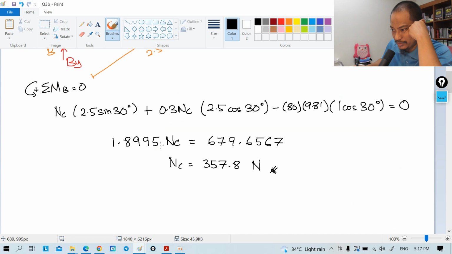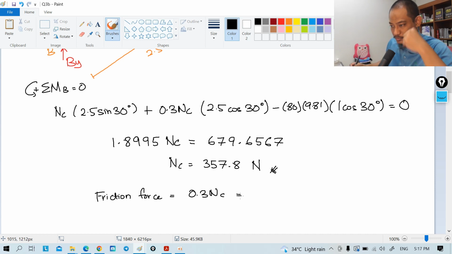So let's calculate the friction force. It is 0.3 NC, so we have 357.8 times 0.3, which is 107.34.